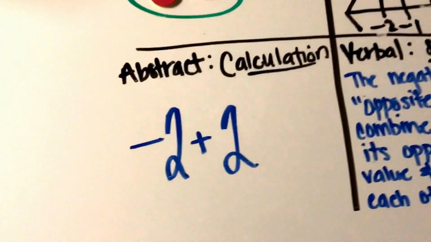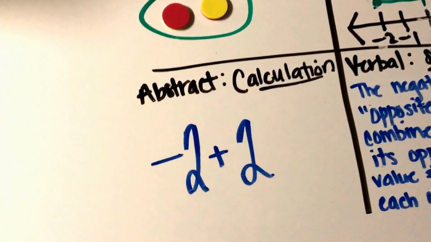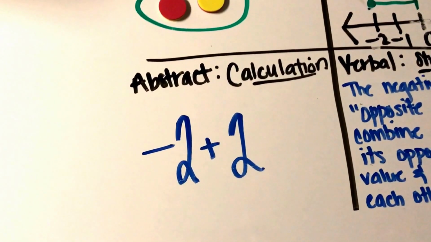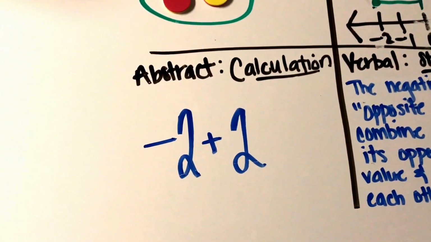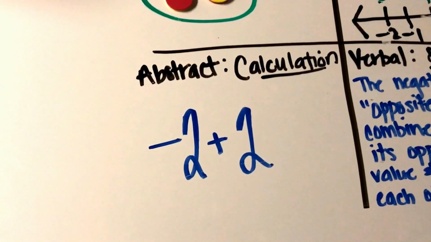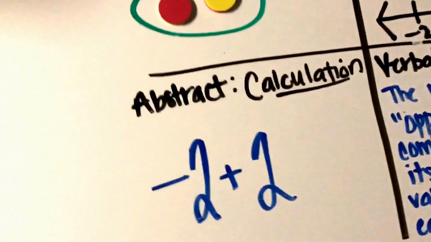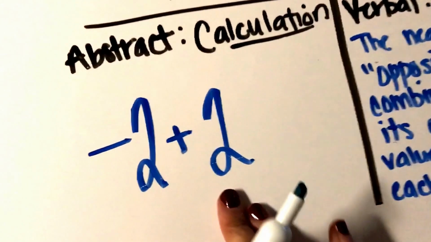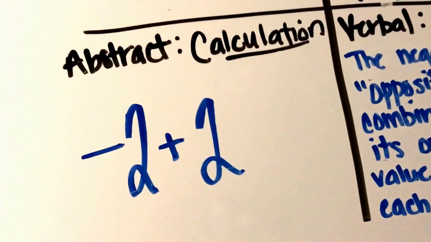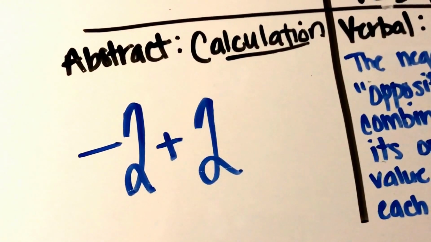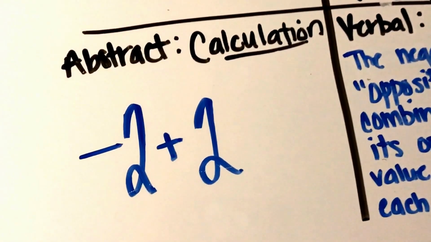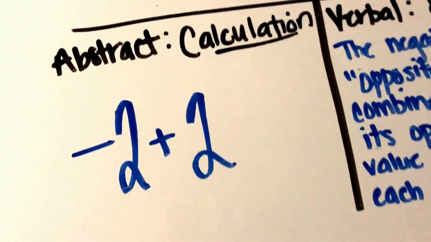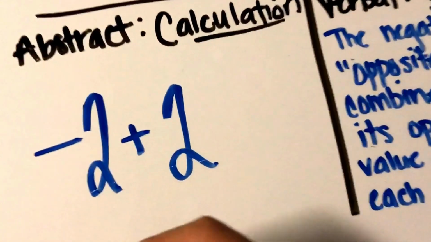Abstract calculations. That's merely calculating it. In 7th grade, you will get to use calculators. However, you should not need to use them for this problem. So here we are looking at just the numbers. Some people have a really strong experience with numbers and know how they interact and can look at this and know right away.